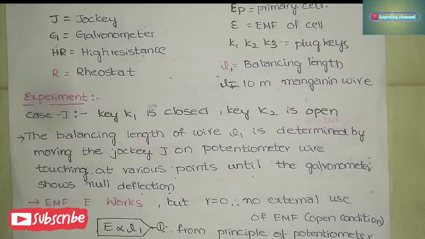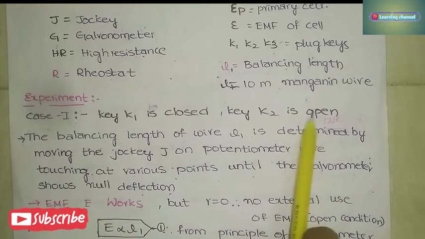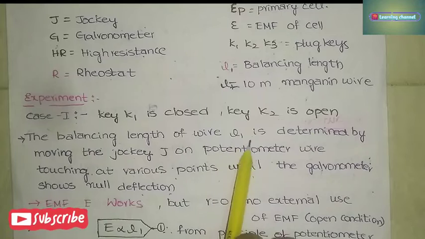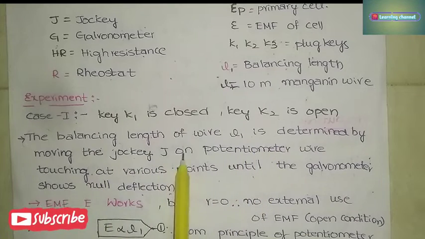Now the experiment, what we have to do with the circuit. Case 1: first of all we close the key K1 and open K2. The balancing length L1 of the wire is determined by moving the jockey J on the potentiometer wire, touching at various points until the galvanometer shows null deflection.